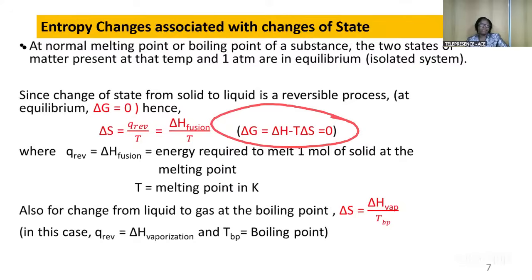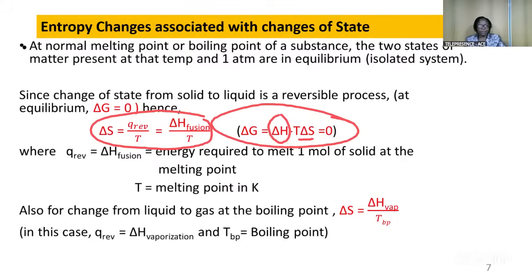And if that is 0, then it means that delta H will be equal to T delta S. Because the change of state from solid to liquid is reversible, the delta S for the change of state from solid to liquid will be delta H of fusion over temperature. Temperature in this case is the melting point in Kelvin.